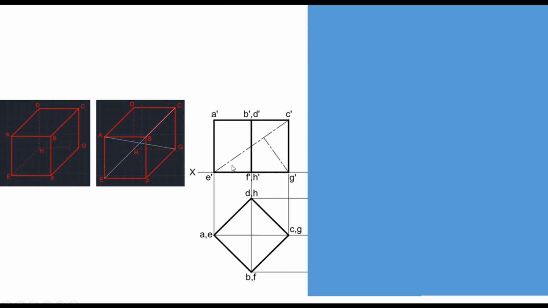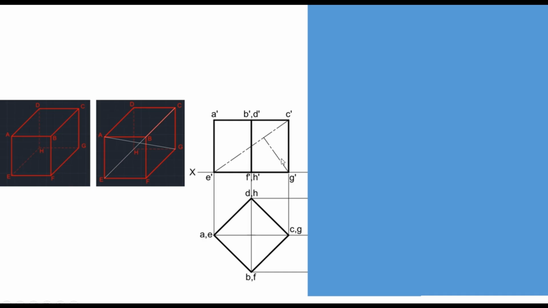Now obtain its front view. So this is the front view we are going to get, which is resting on the ground. So it comes on the XY line, its base EFGH.